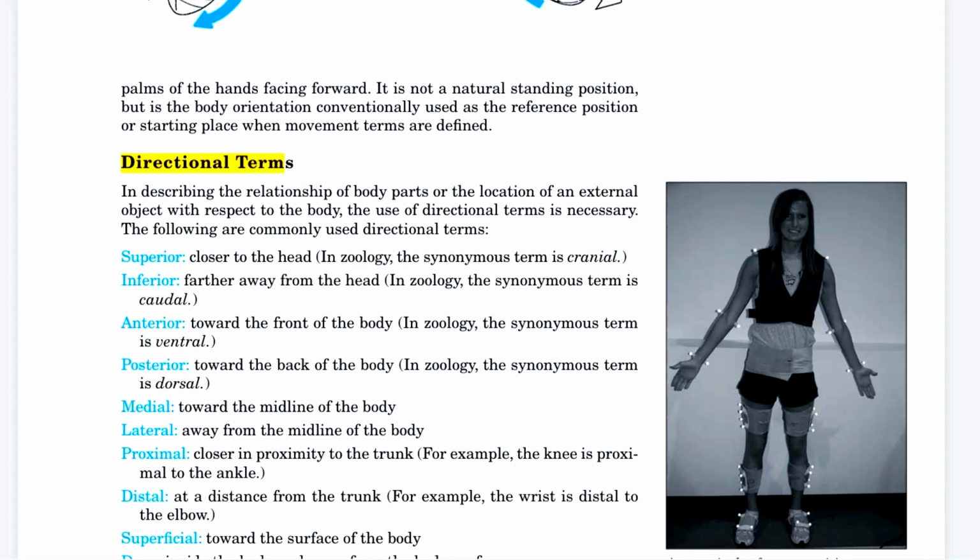The wrist is distal to the elbow, because distal means farther from the body center, farther from where a limb attaches to the body. So proximal is something closer to the body and distal is something farther away from the body.